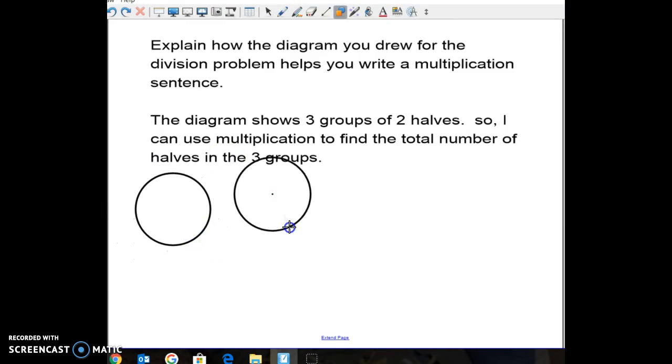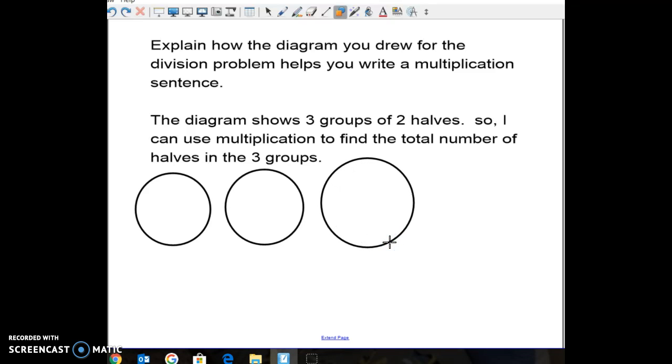Remember we had our 3 circles, and then we broke those circles into halves, so that we have 3 groups of 2 halves. And so I can use multiplication to find the total number of halves in 3 groups.